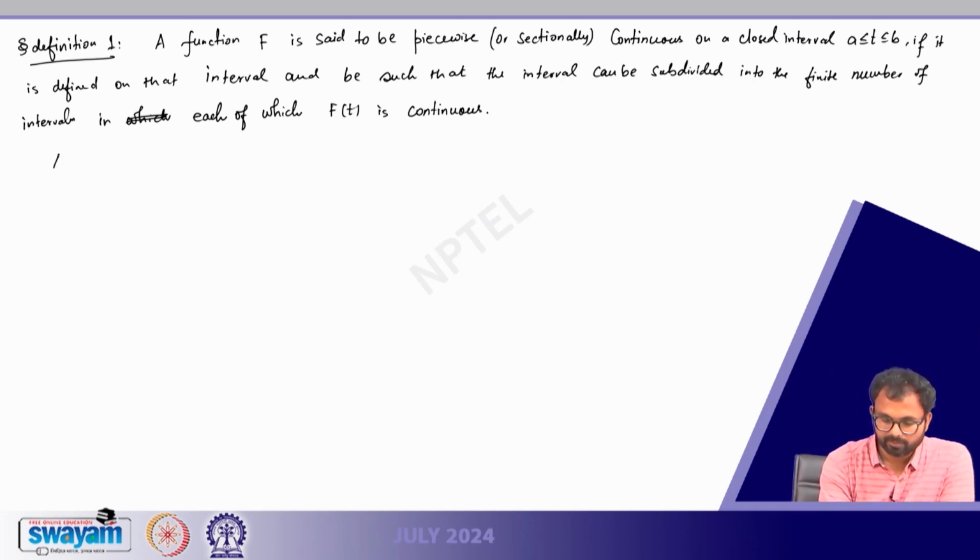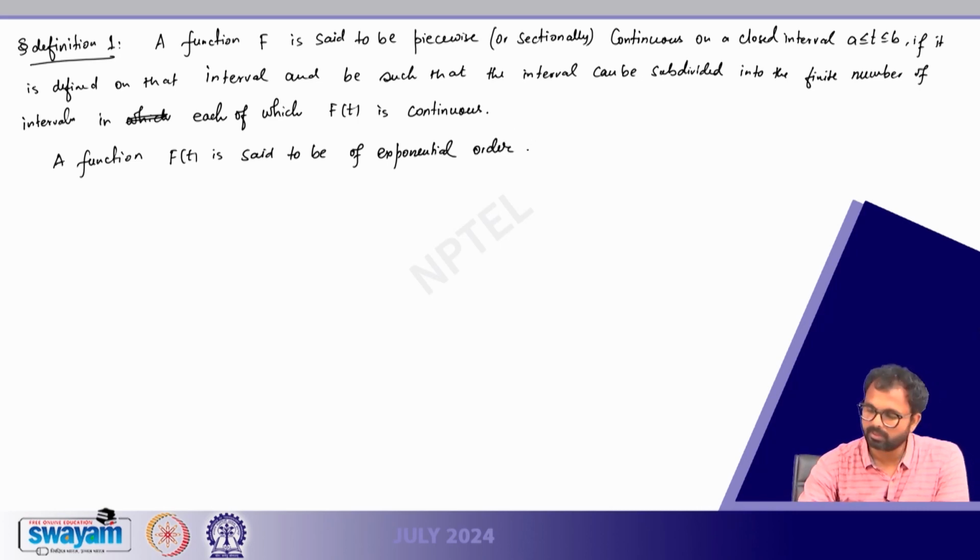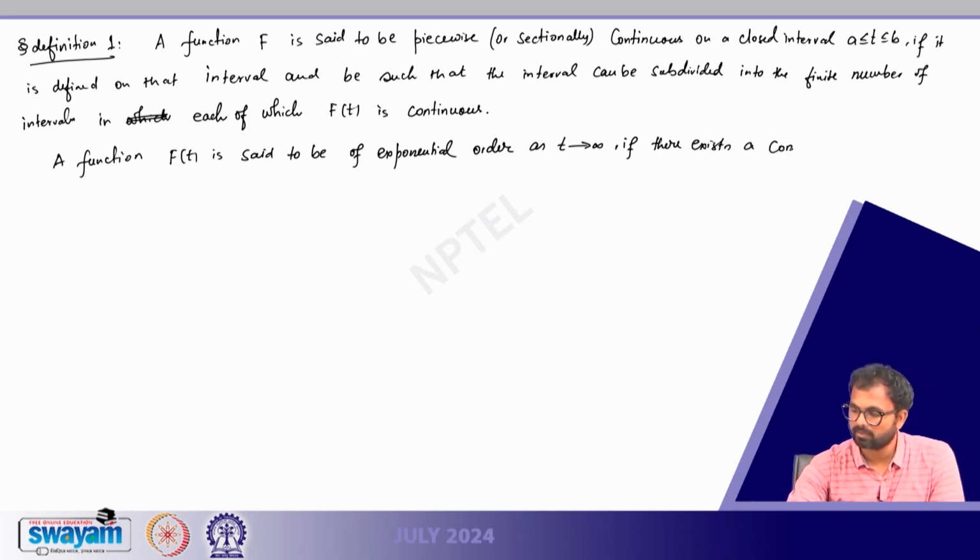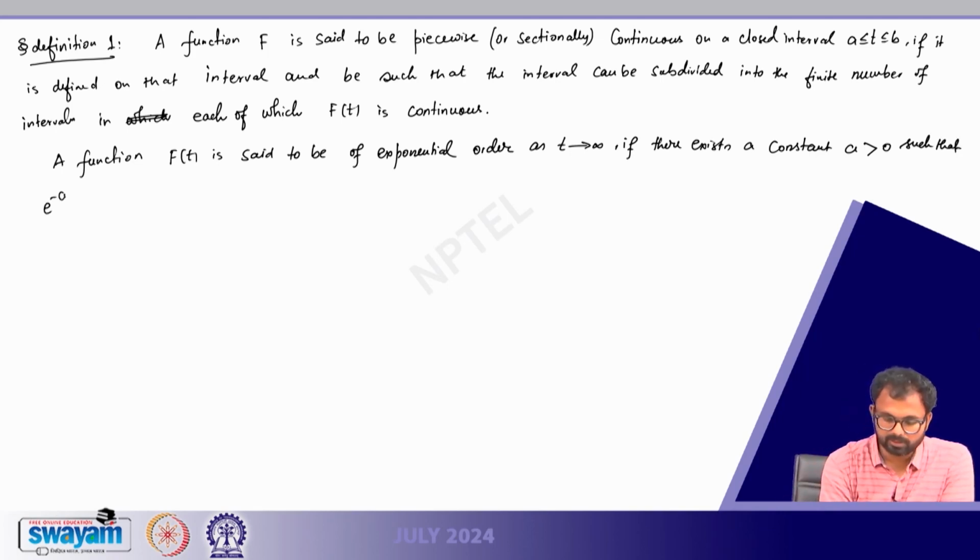You divide the interval into small subintervals. If it is continuous in each of them, then it is piecewise continuous. And a function f(t) is said to be of exponential order as t tends to infinity if there exists a positive constant a such that e to the power minus at into mod of f(t) is bounded.